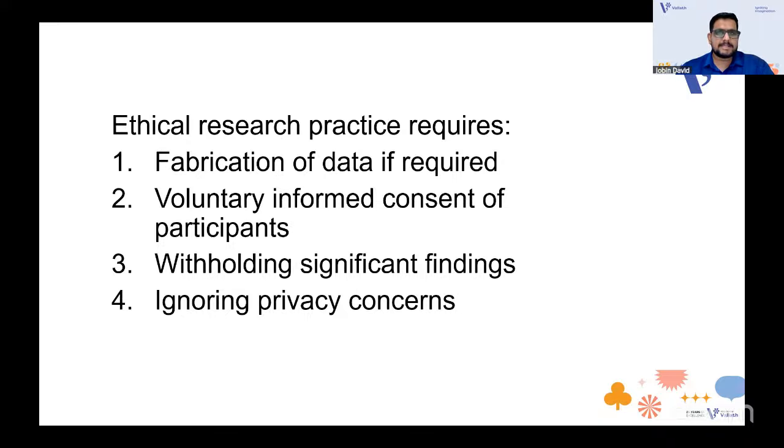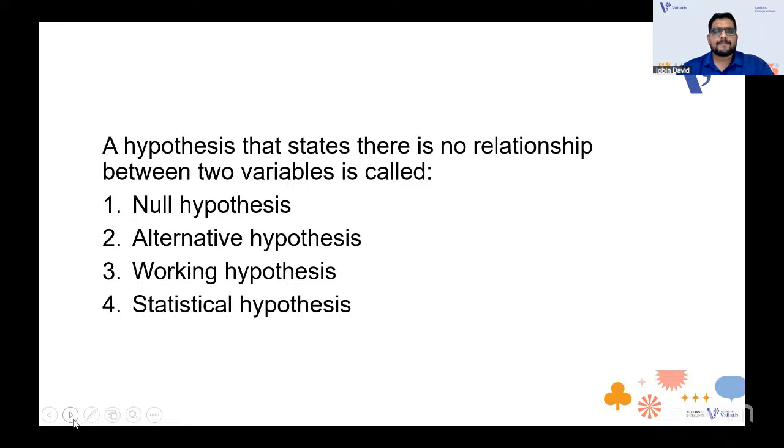So that comes under the ethics part. The answer here is actually, yeah, it is B only. Voluntary informed consent of participants. Like maybe if you go and study a specific culture of a tribal group, you need to get the informed consent of the participants, voluntary informed consent. You should take that, it's a very important part. So that's in ethical research practice.